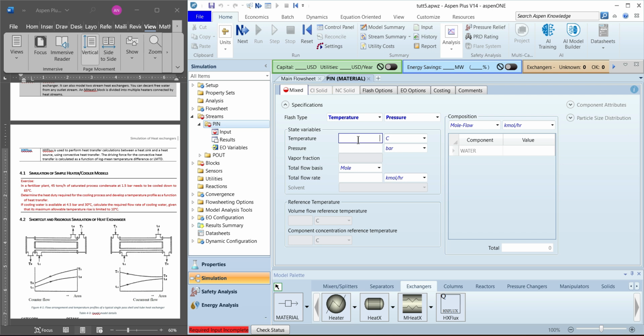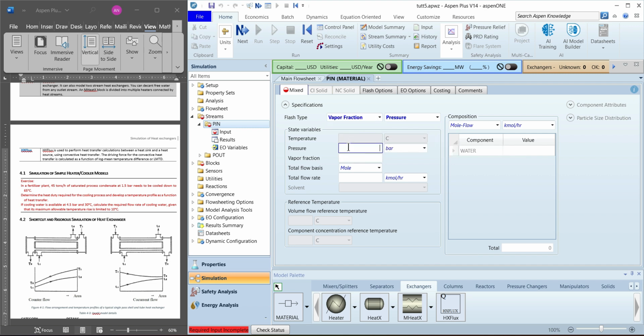One option is to work in the properties environment and figure out, if it's water and a saturated liquid at 1.5 bar, what the temperature should be. The other option is that the same interface gives an option to pick from temperature, pressure, and vapor fraction. So one input is pressure, 1.5 bar, and for the other we can pick vapor fraction instead of temperature.